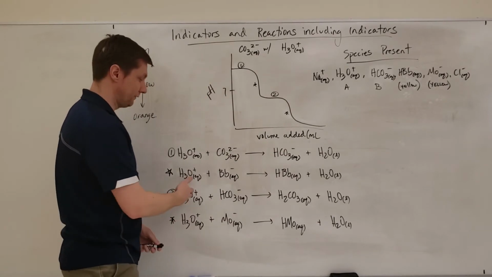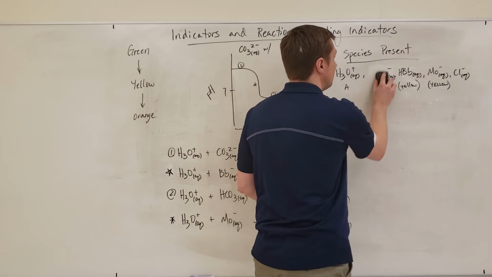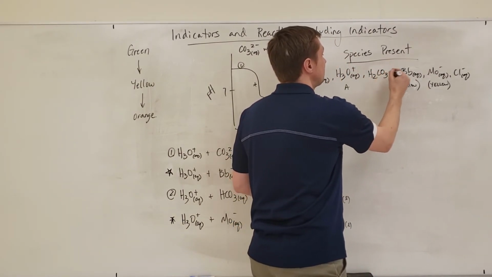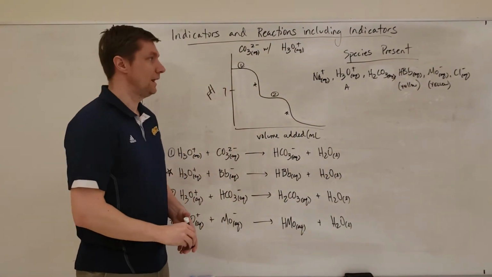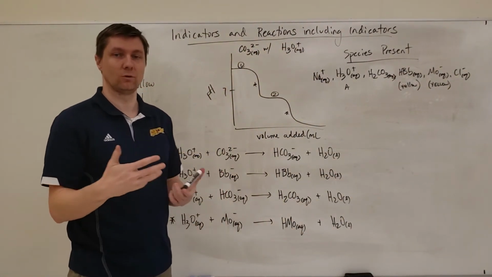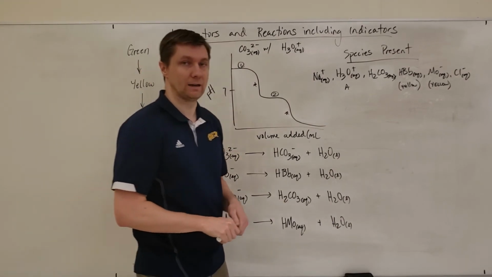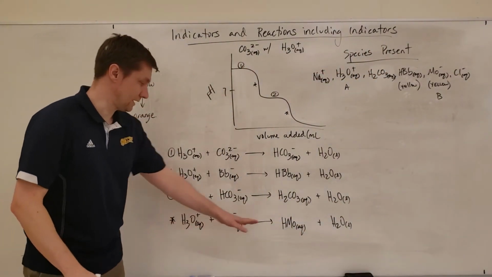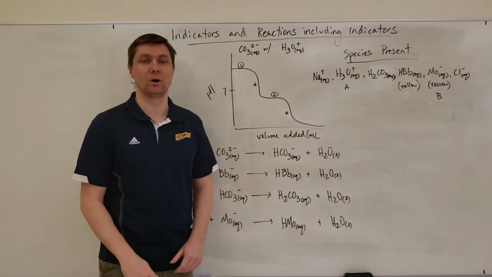And so all of the HCO3 minus is now gone, and all I have left is carbonic acid. Now the strongest base available for the hydronium ions to react with is this MO minus. And so that is this final reaction right here, where the hydronium reacts with MO minus to make HMO.